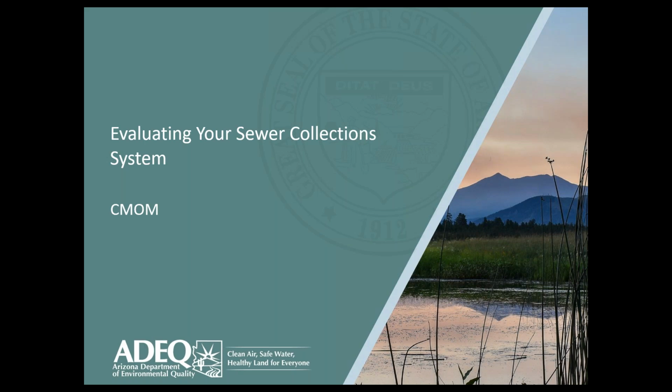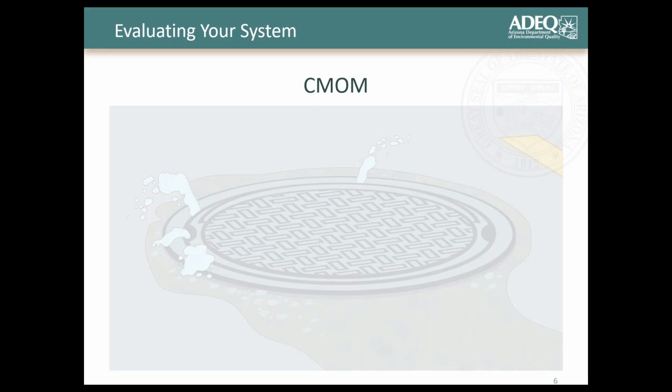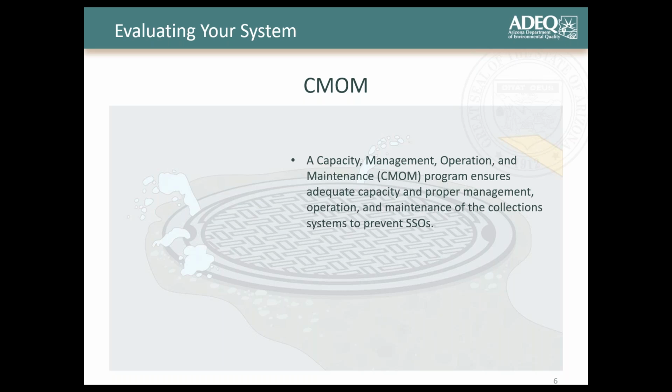So let's start off with the content. Let's talk about evaluating your sewer collection system. We're going to get into this concept of CMOM. CMOM is a very important concept when it comes to your collection systems management. So let's start defining that first.